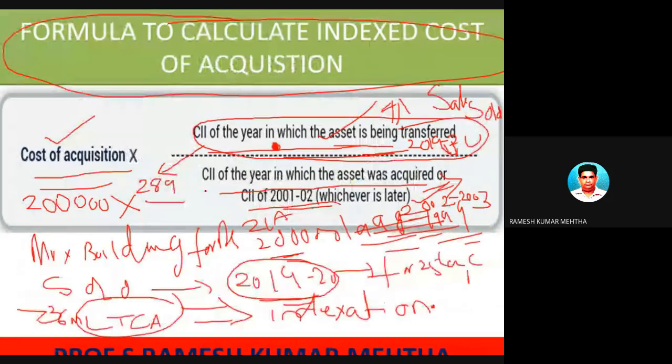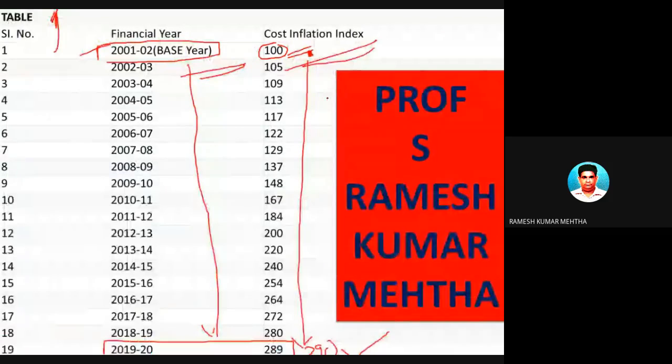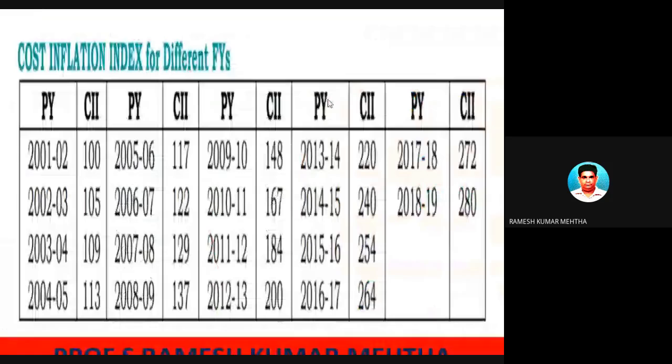By CII of the year in which the asset was acquired. ये asset कब हम लोगों ने परचेस किया था? 2001-2002, नहीं, 2002-2003 में परचेस किया था, and 2001-2002, whichever is later, बोले तो जो बाद में आता है. So 2002-2003 का इन्फ्लेशन कितना है? 2002-2003 का इन्फ्लेशन है 105. तो उधर 105 डाल दो. So here we will insert 105.